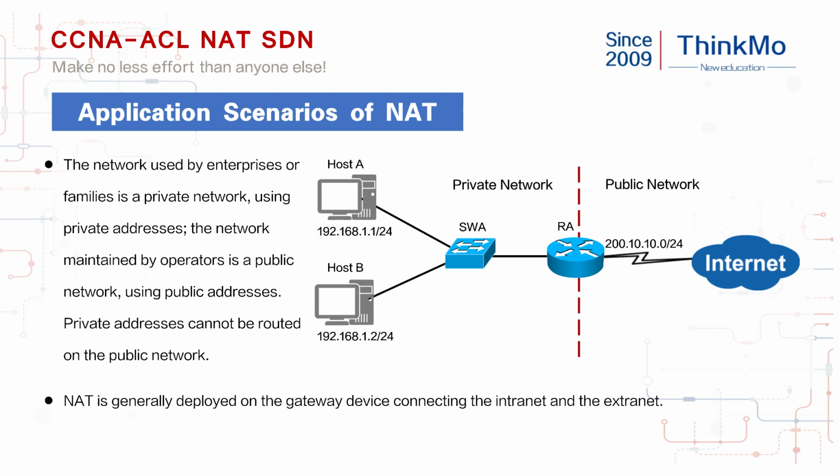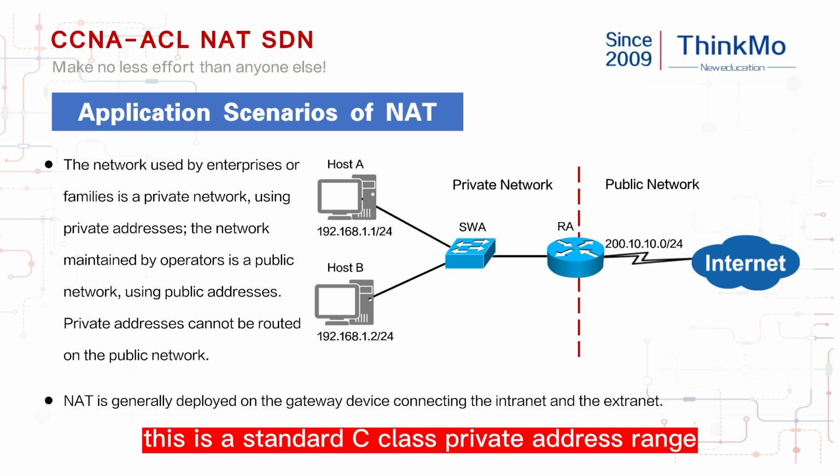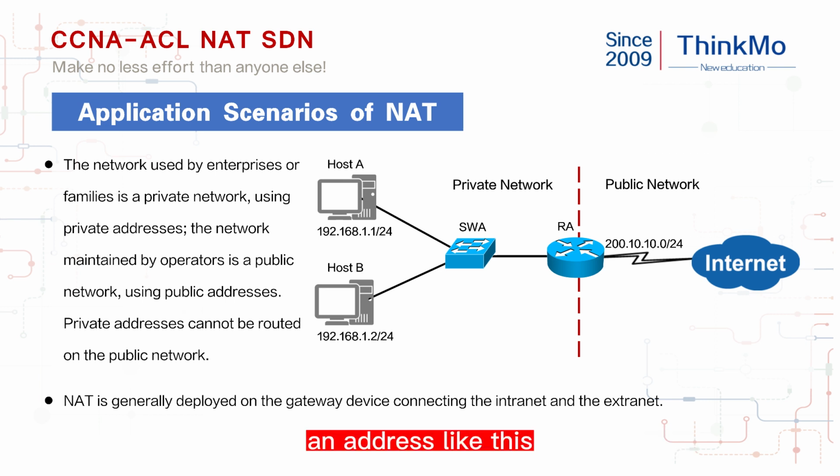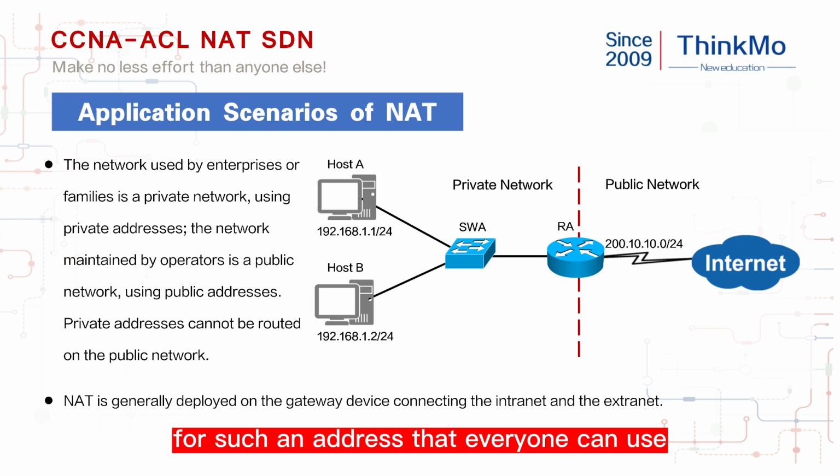For example, 192.168 is a standard C-class private address range. Since it is a private address, anyone can use it, whether at work, at home, or even in a small restaurant.